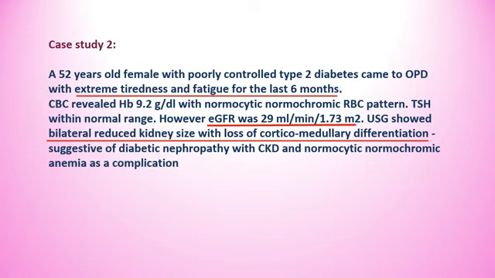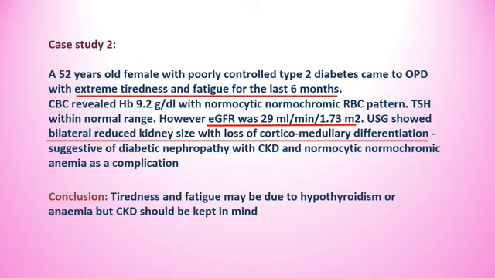Ultrasonography showed bilaterally reduced kidney size with loss of corticomedullary differentiation, suggestive of diabetic nephropathy with chronic kidney disease and normocytic normochromic anemia as a complication. So the conclusion is that tiredness and fatigue may be due to hypothyroidism or anemia, but CKD should be kept in mind.